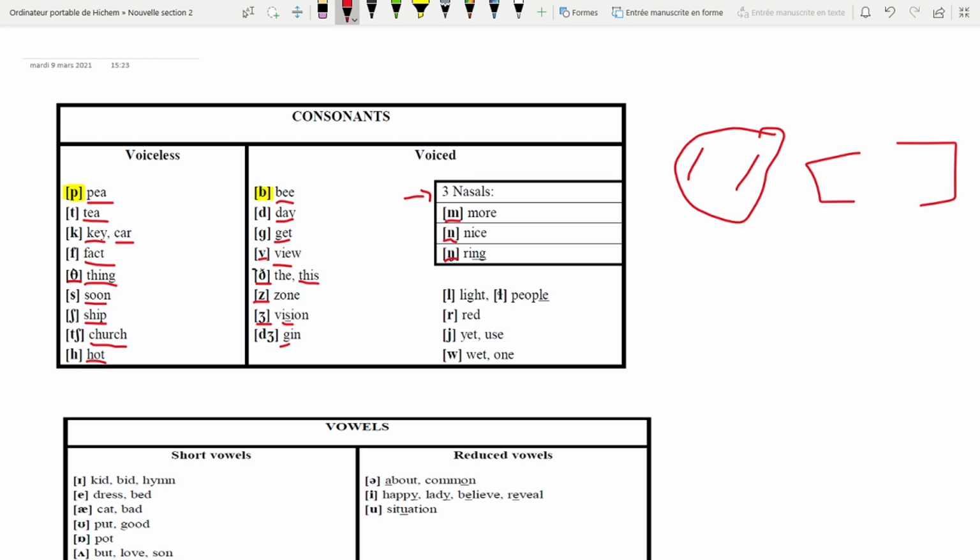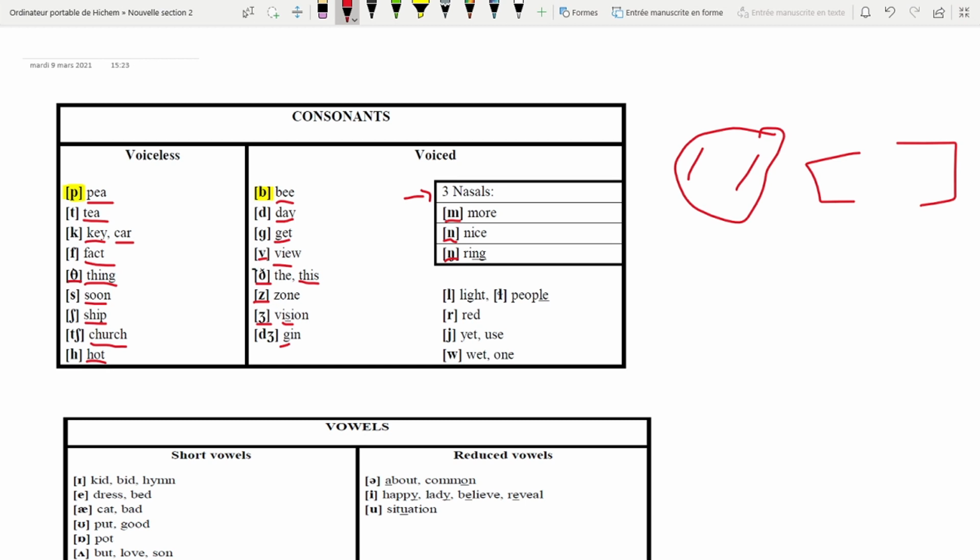So we have m such as more, n such as nice, and ng, which is usually found at the end of words, when we have ing, such as ring or king. We do not fully pronounce the g. It's between pronouncing the g and not pronouncing the g. So this is what we call the very nasal.